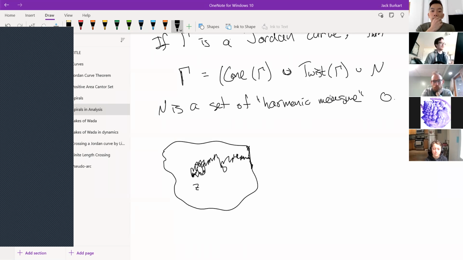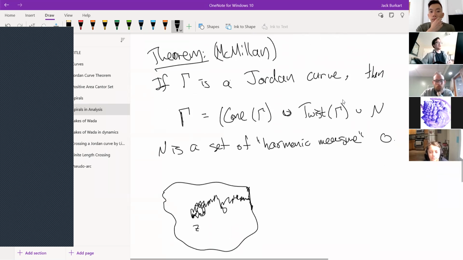So maybe we can convince ourselves that harmonic measure 0 is very much a smallness property on the boundary of some Jordan region. But what the twist point theorem says is that up to a set of measure 0, if you're not a cone point, you are a twist point. So you either have this nice cone, or you have the curve winding around you in both directions infinitely often.